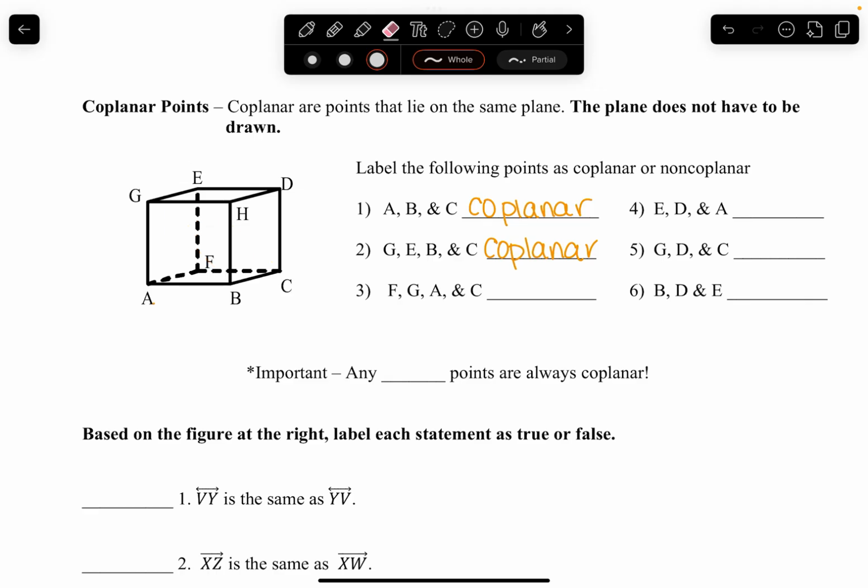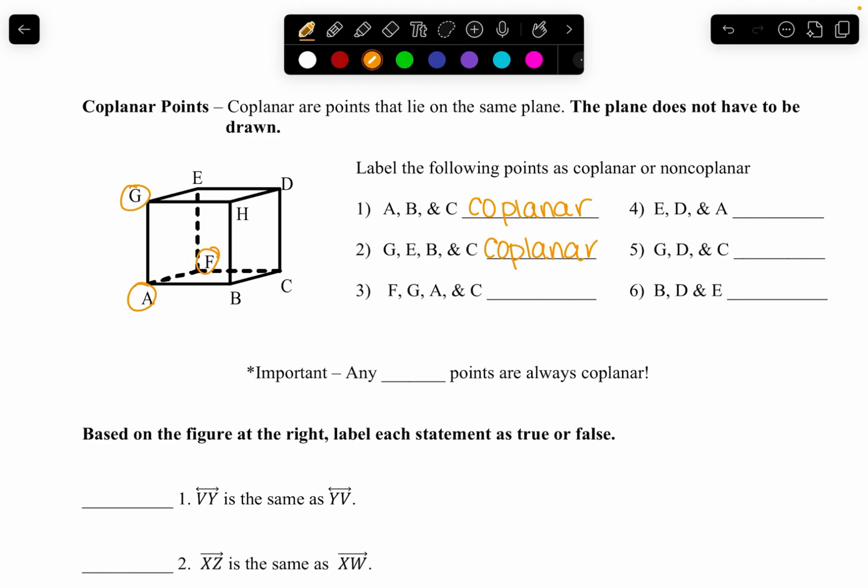All right, moving on to the next set. We've got F, G, A, and C. Here's F, here's G, here's A, and here's C. So if I look at this, let's say that I ignore C for a minute. If I don't look at C, then I can say that that plane exists over there.